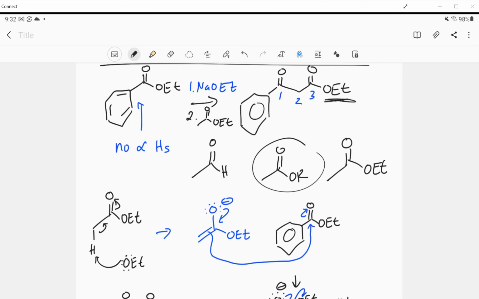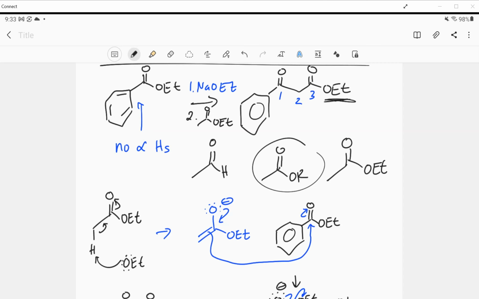Like if you put the methyl ester in there, some will have the methyl ester in your product, some will have the ethyl ester, because your sodium ethoxide would be able to go transesterification with your product. So it's just best to have everything the same.